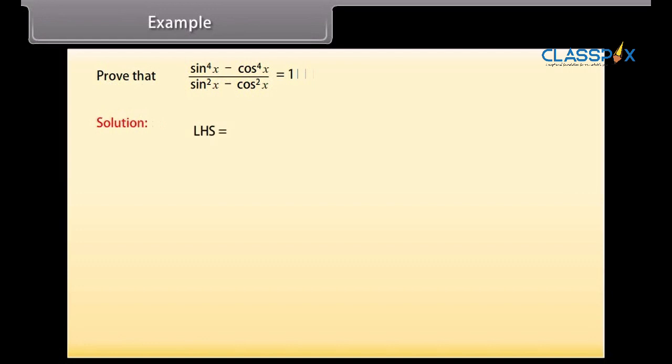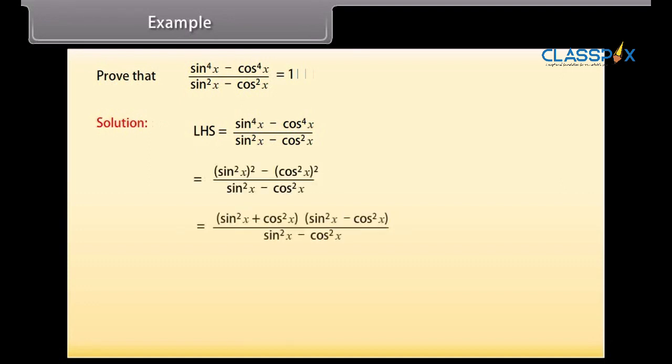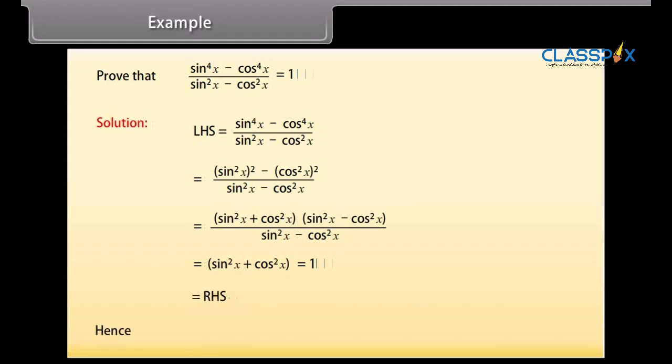On solving the left-hand side, which is sin raised to the power 4x minus cos raised to the power 4x, whole upon sin square x minus cos square x, we get 1. And this is equal to the right-hand side. Hence, the expression is equal to 1.